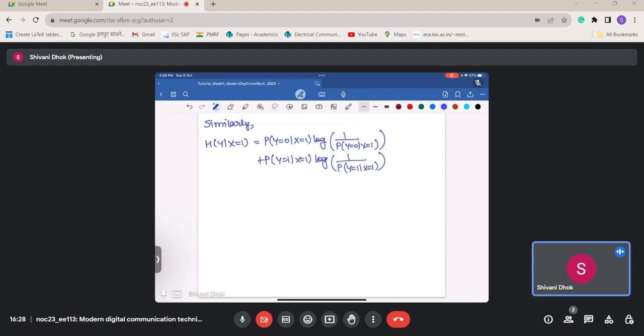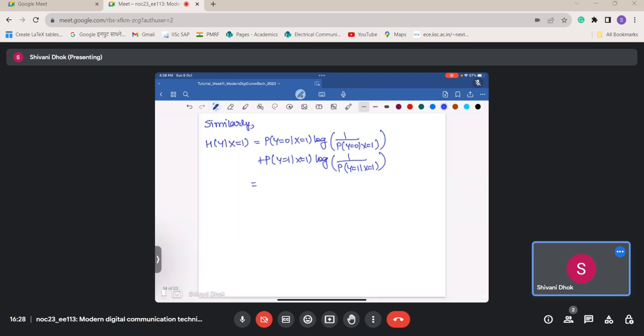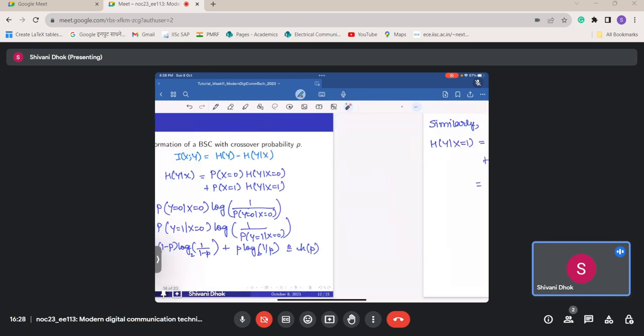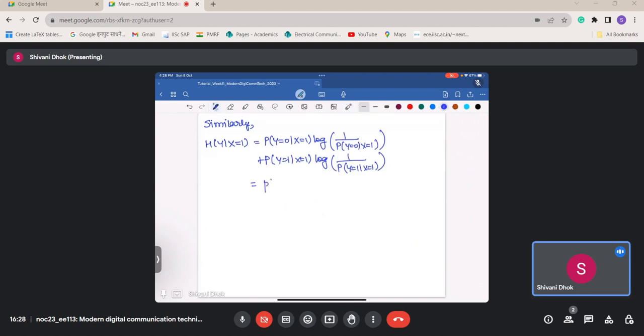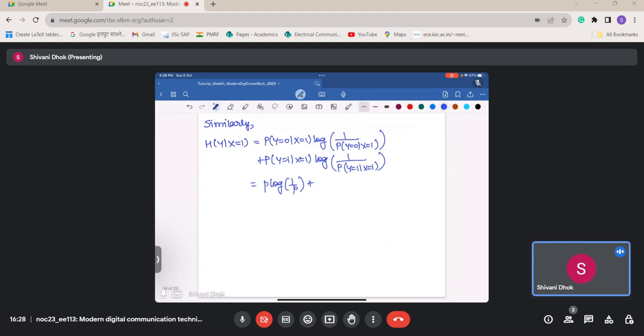Now the probability of Y equal to 0 given X equal to 1 is p, so this will be p times log of 1 by p, plus the probability that Y equal to 1 given X equal to 1, which is 1 minus p, so 1 minus p log of 1 upon 1 minus p. So this is also equal to Hp.